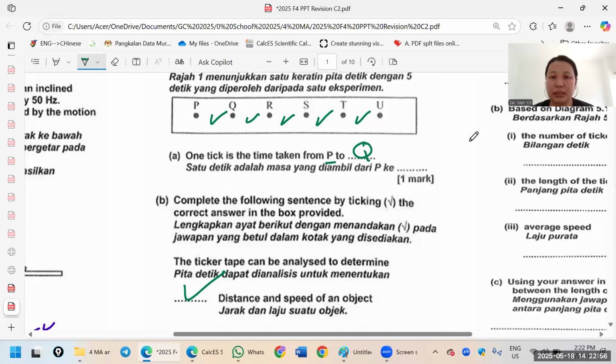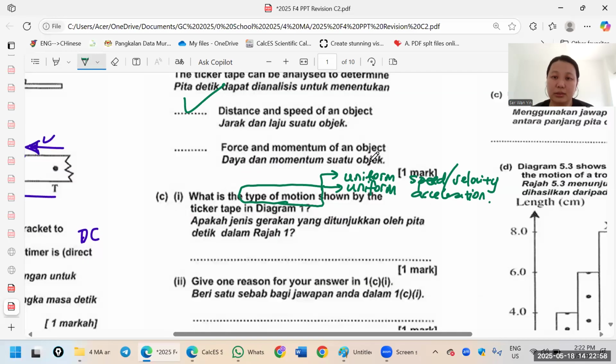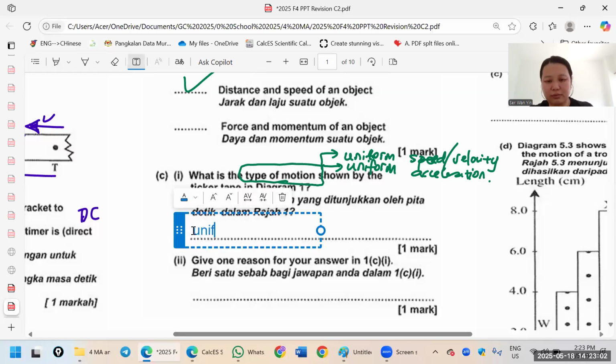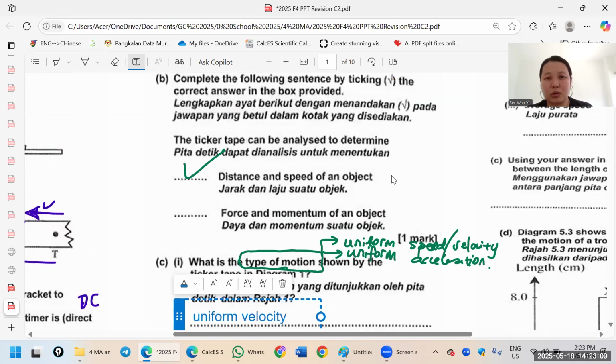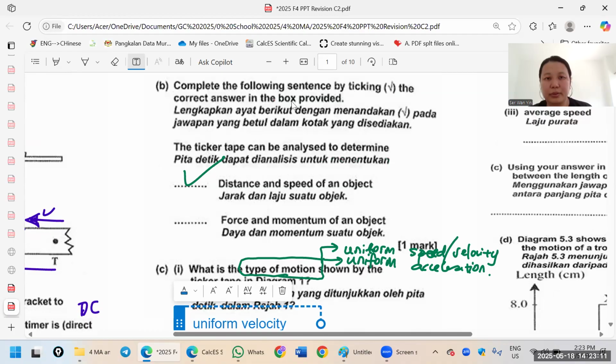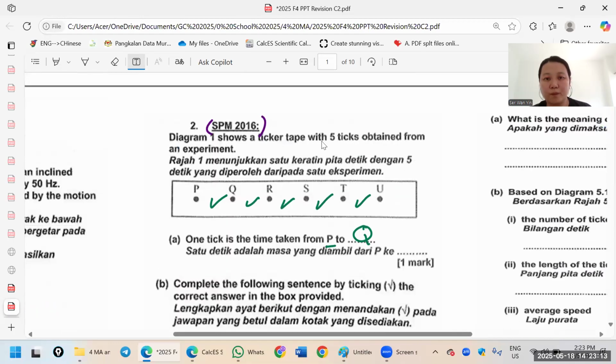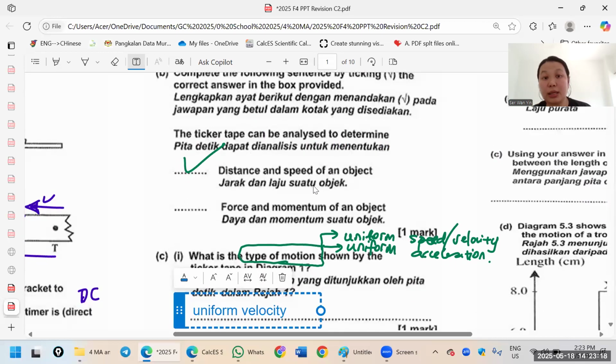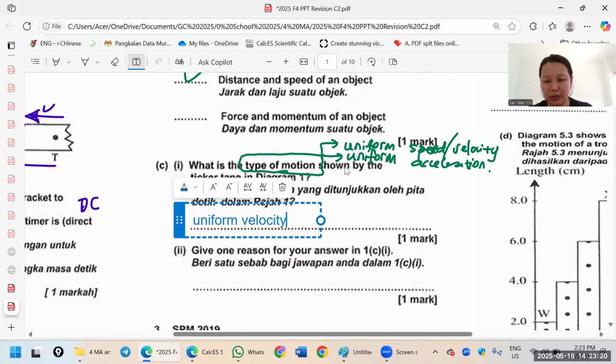Then obviously they are the same distance, meaning they are uniform velocity or speed. Since it doesn't ask specifically, speed or velocity also can. Speed also can.